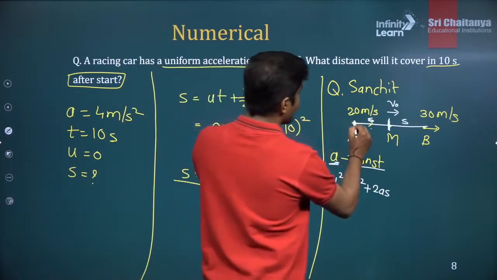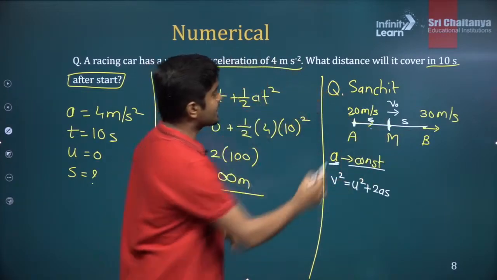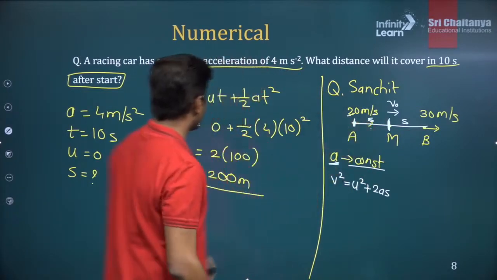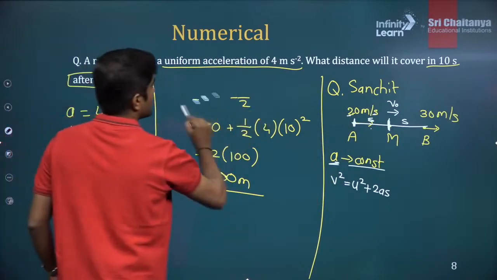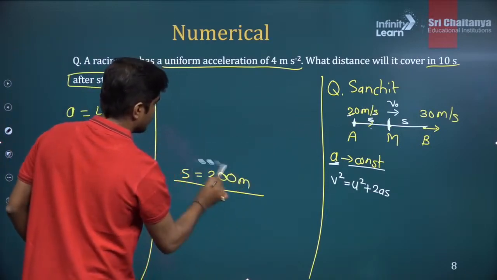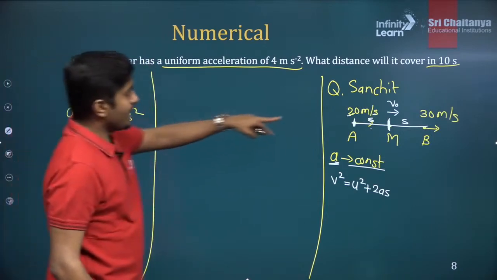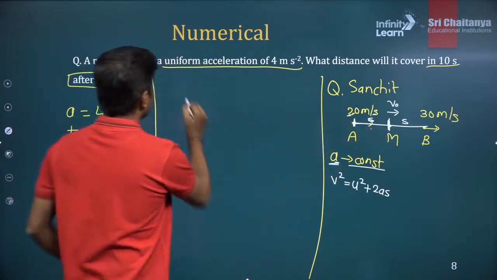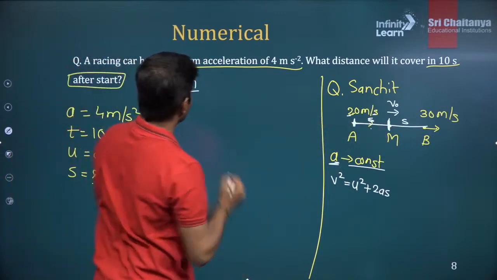Now, in the first half, from A to M, I'll remove some of the part here so that I can write. In this part from A to M, what is the initial velocity?